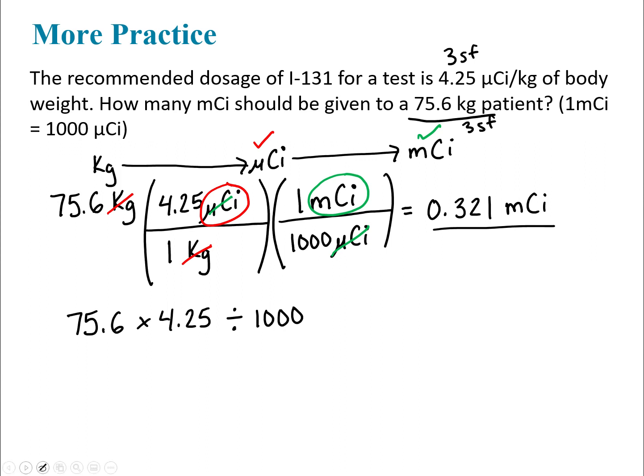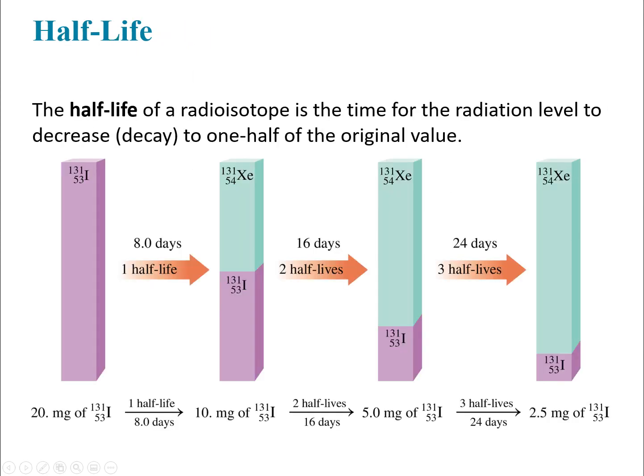I'll let it sink in a little bit. The next topic we're going to do is the half-life. Half-lives may or may not be something you've encountered already, but we're just talking about the amount of time that it takes for the radiation level to decrease to half of its original value.